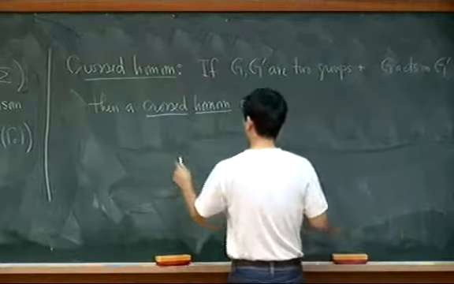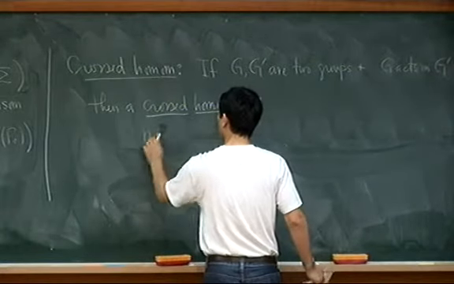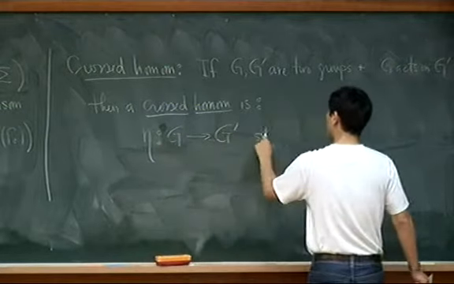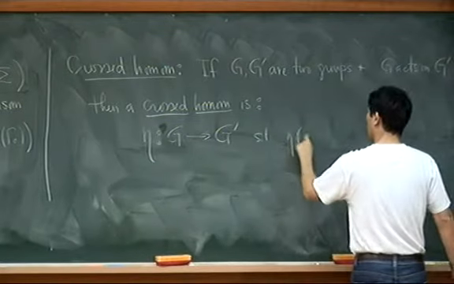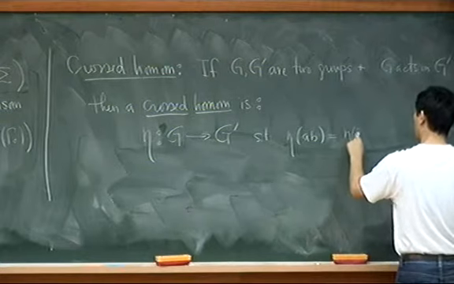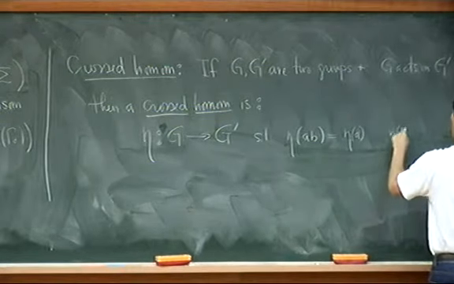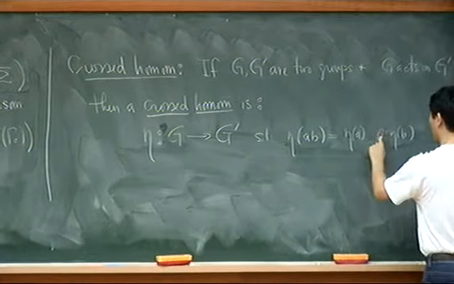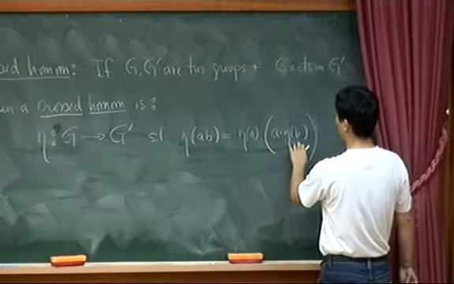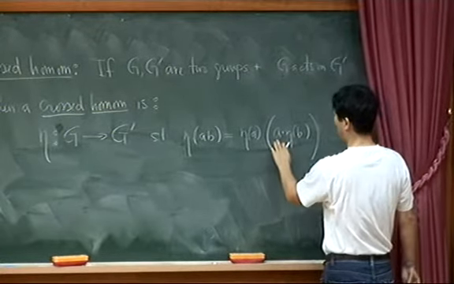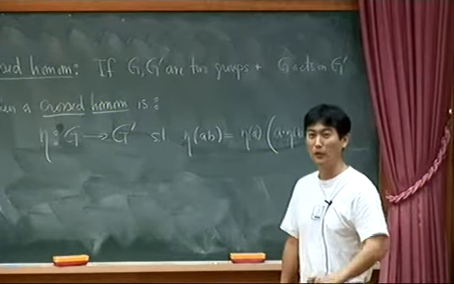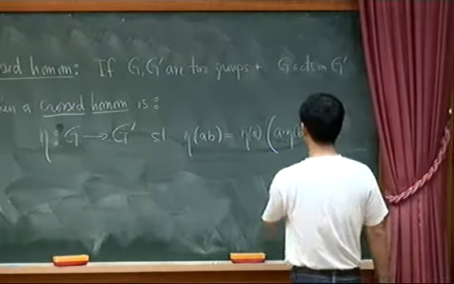It's given by a map eta from G to G prime such that eta of AB is not quite eta of A times eta of B, but eta of A times eta of B, and then you have some annoying factor here, which is A acting on eta of B. So you have eta of B, and then G acts on G prime, so A acts on this thing, and then you multiply by eta of A. This is some strange generalization of a homomorphism.